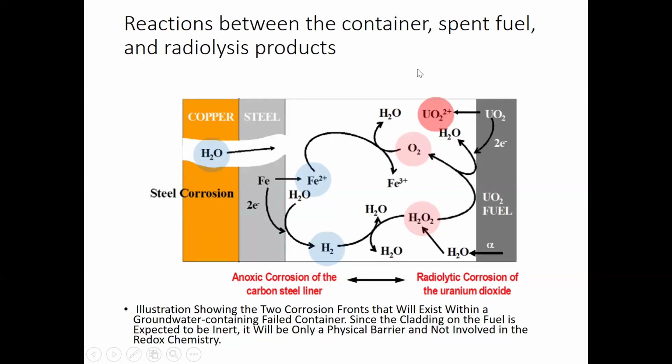So we're just going to start off by looking at what's happening on the surface of the actual fuel itself. The basic interaction you have here is your peroxide itself, your hydrogen peroxide. That's going to then interact with the uranium fuel matrix.